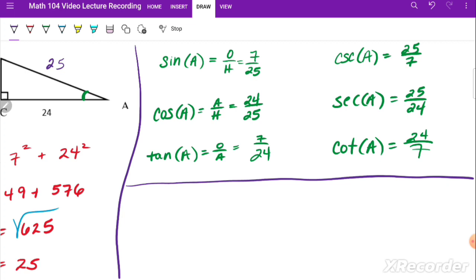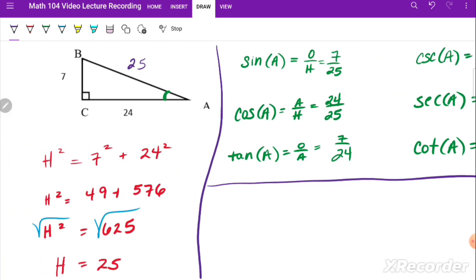Let's do it again, this time with angle B as our angle. So you'll notice that since we've switched our angle, the opposite side changes. Now 24 is our opposite side and 7 is our adjacent side. So sine of angle B, our opposite over our hypotenuse, will be 24 over 25.